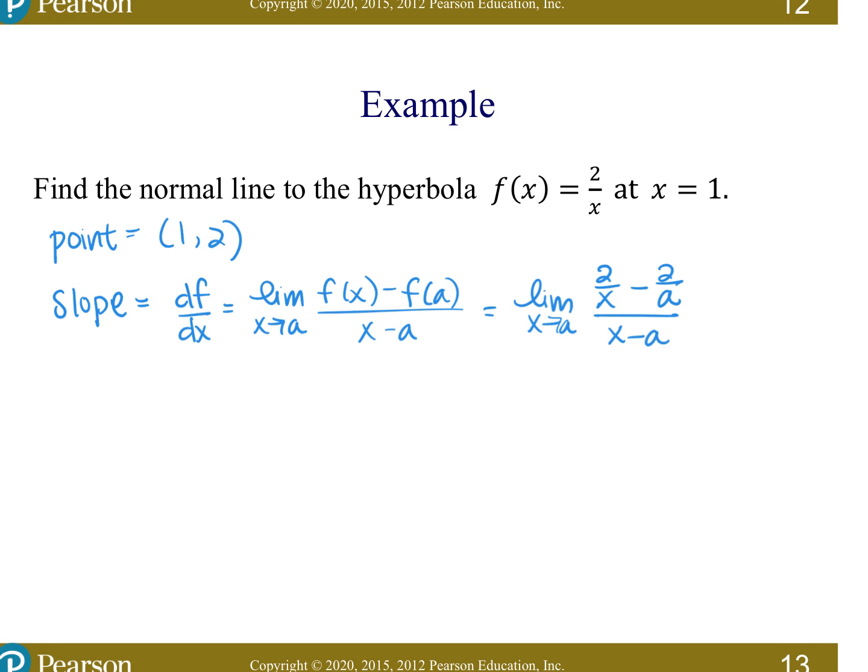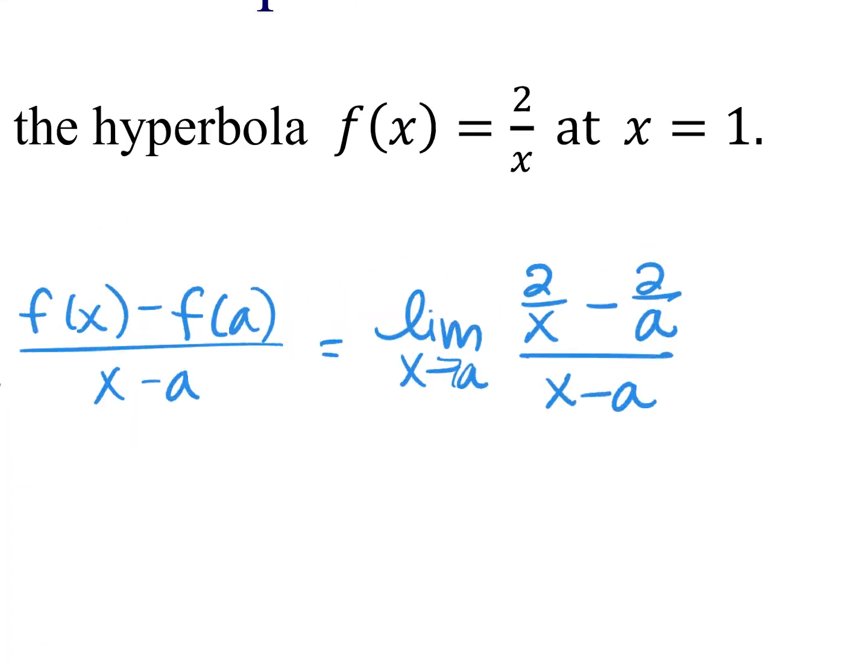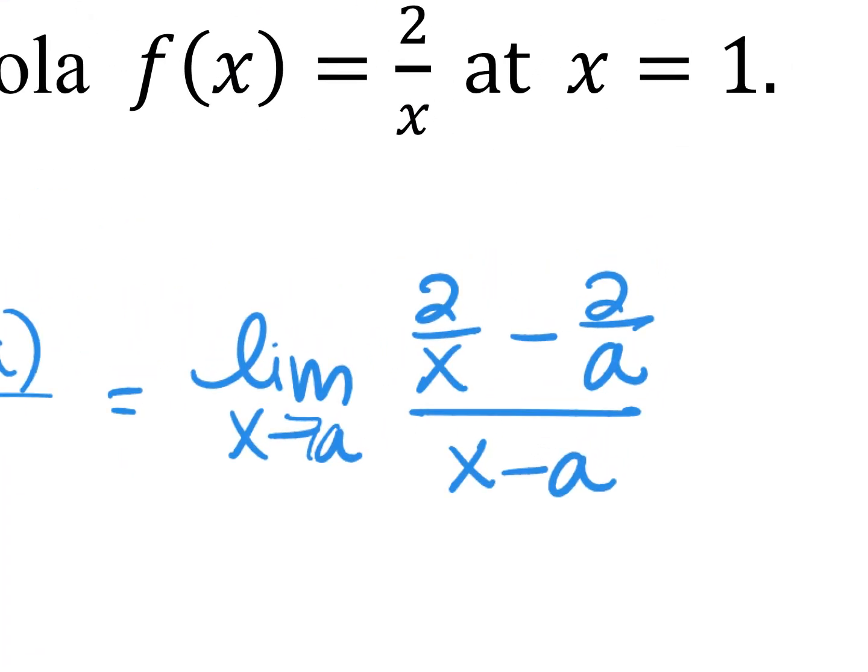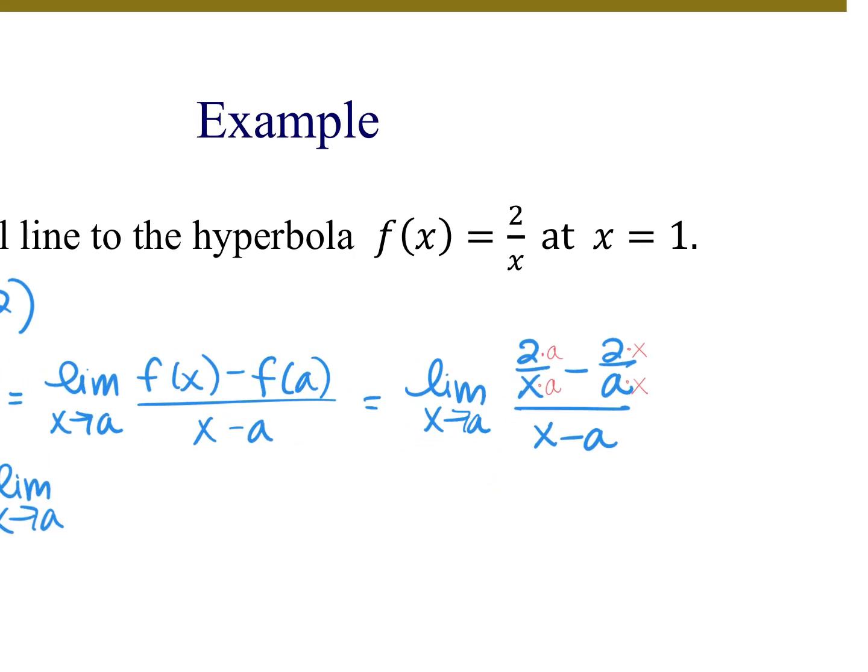Those are the big things. FOIL, factor, common denominator. Here, it's going to be common denominator. So the common denominator I want to work on is multiplying the first part by a, and the second part by x and x, so that I can get a common denominator.